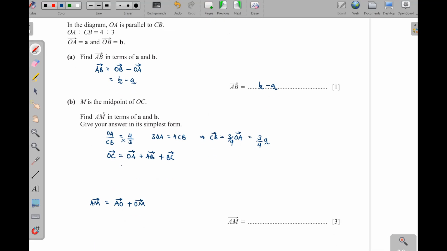Do we have OA? Yes. Do we have AB? It is B minus A. Do we have BC? If we have CB, then we have BC, so it will be the negative of that. So negative 3 out of 4 of A.